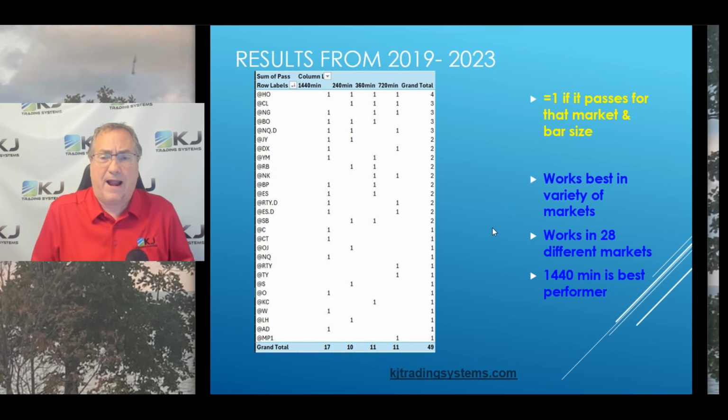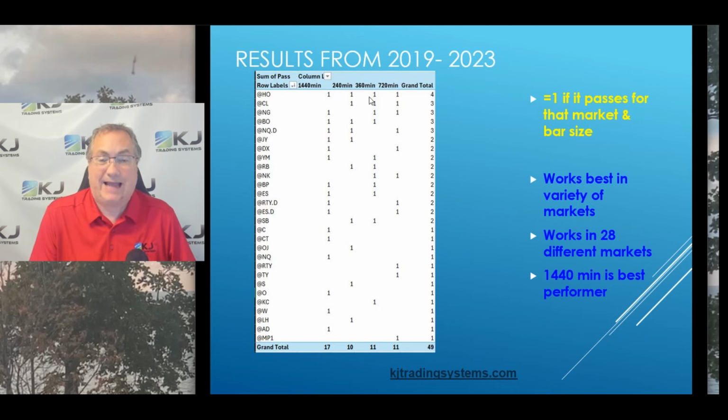So I ran it on 5 years, 2019 through 2023, and where it passed on a certain bar size across the top, you see I ran 1440-minute bars, which are basically daily bars with a little difference, 240-minute, 360, 720.